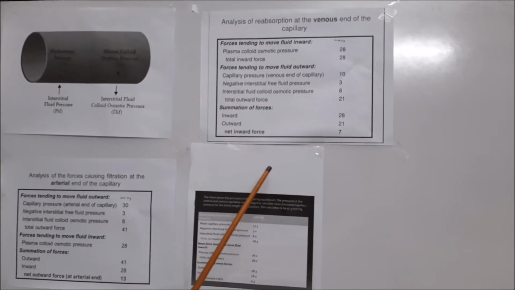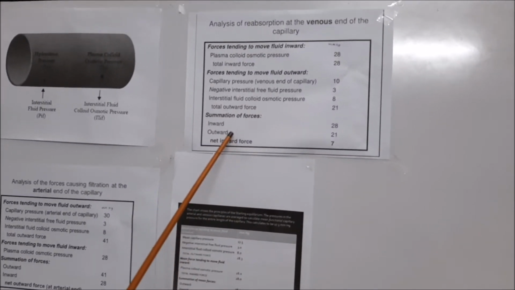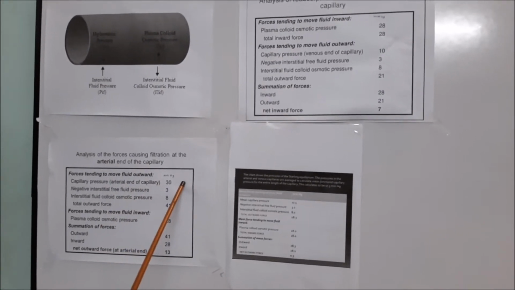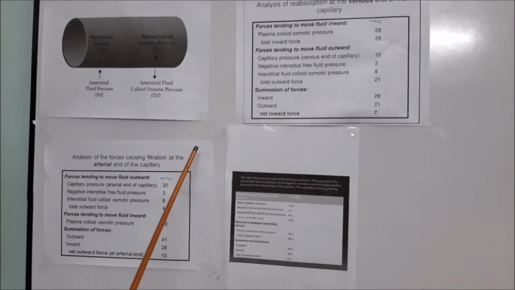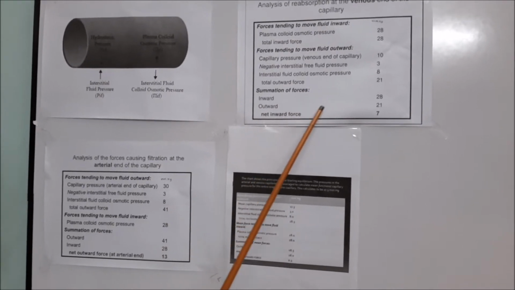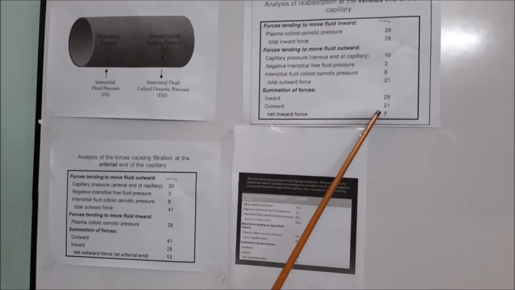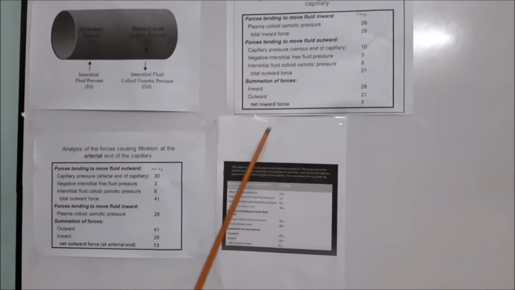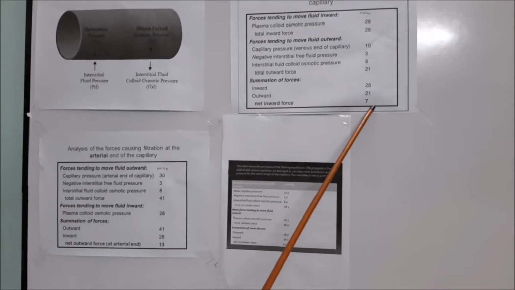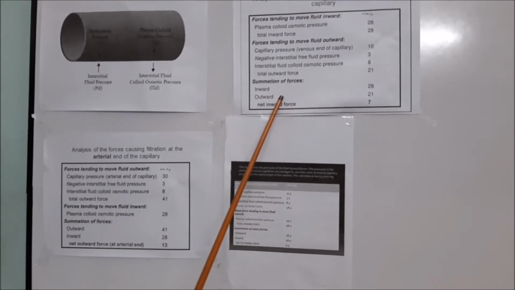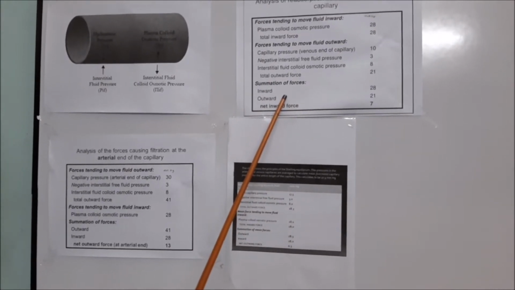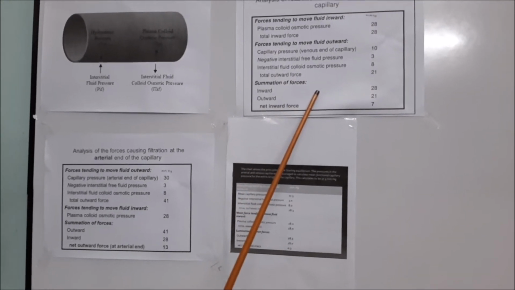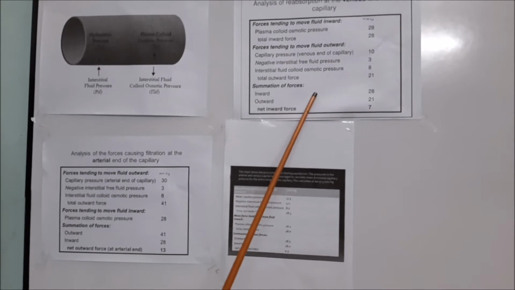How is it possible to reabsorb all the fluid that is filtered in the arterial end and reabsorbed from the venous end? 13 millimeter of mercury in arterial end and 7 millimeter of mercury in venous end. Is it possible? Yes, it is possible because the venous capillaries are larger and venous capillary permeability is more.